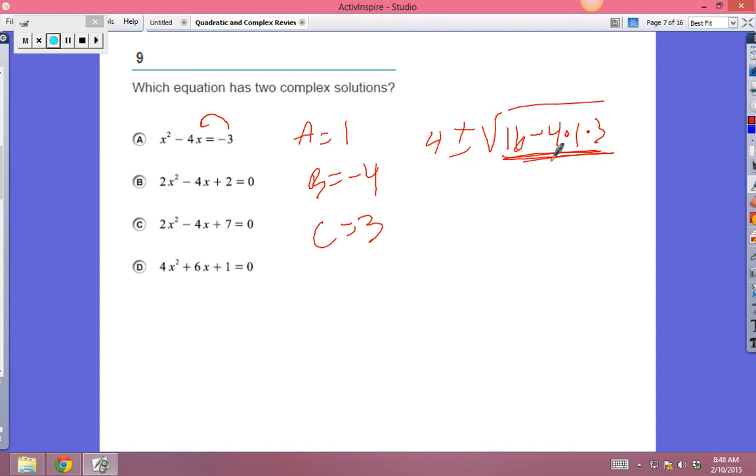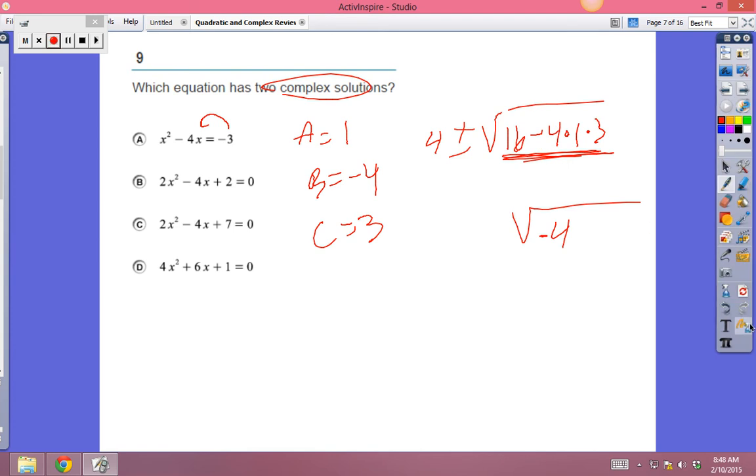And this is all you're looking at, is the discriminant. 16 minus 12 is going to be 4. So what is under the square root? This one is safe. This one's going to give you a real answer. But if it was a negative, then that's the one that's going to give you complex solutions. So A is going to work out. It's going to give you real solutions because what's under the square root is a real number.